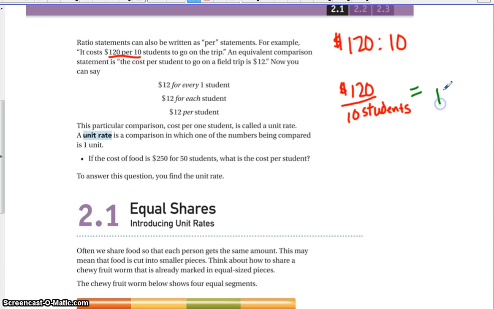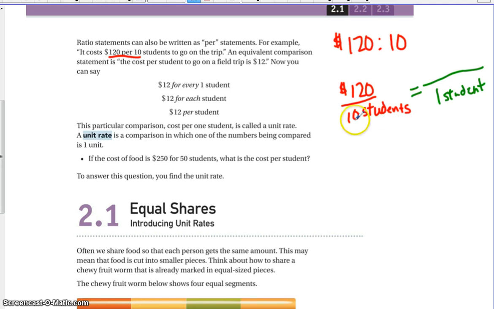Okay, so we need to think for 1 student. So how do I turn, and this works exactly like equivalent fractions, how do I turn 10 students into 1 student? Well, when we work with fractions, we work with multiplication and division in order to turn them into equivalent fractions. We either multiply by something or we divide by something, and we do that to both the numerator and the denominator.